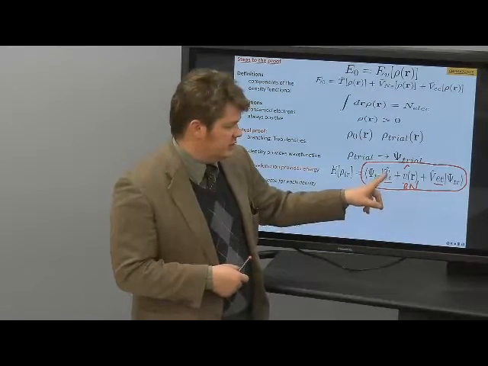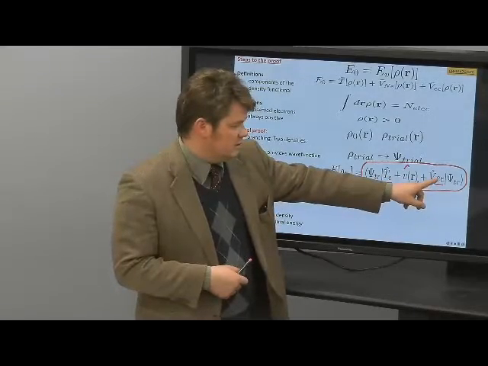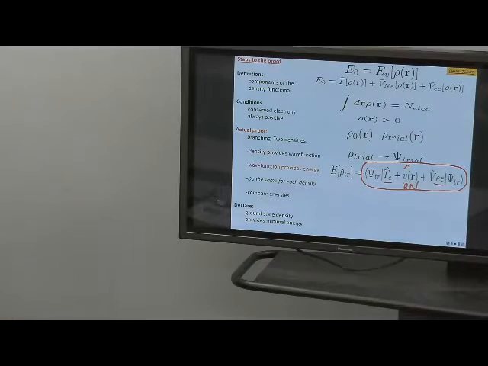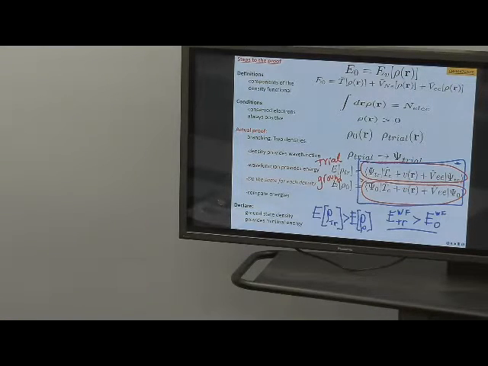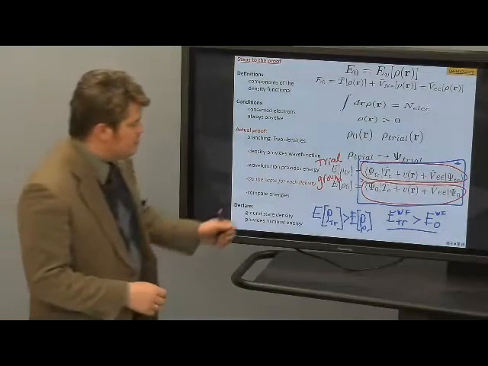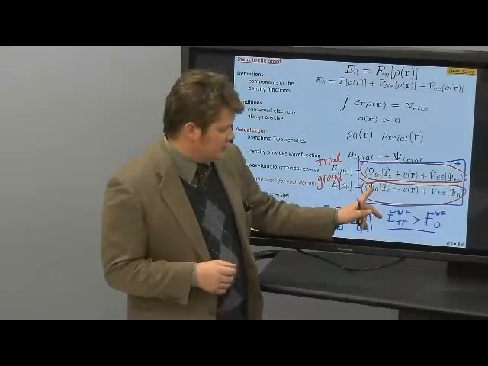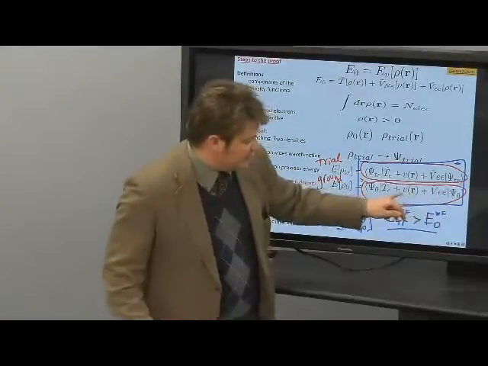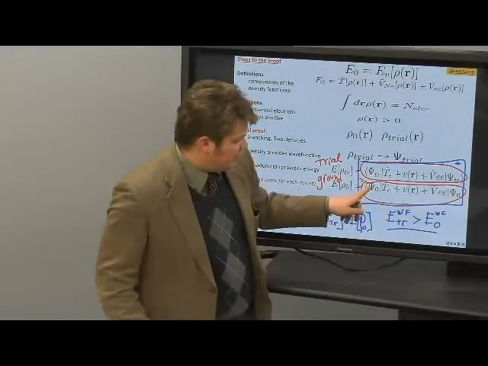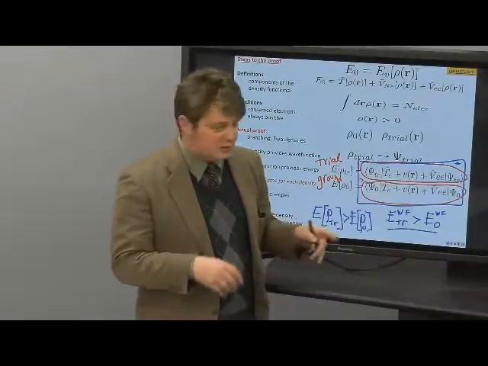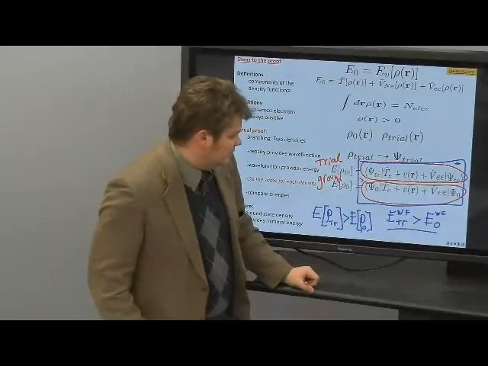And our Hamiltonian is kinetic, electron, and external. If we write the same for the ideal wave function, we have the same Hamiltonian, but the wave function will be different. It will be the ideal wave function corresponding to the ideal density.